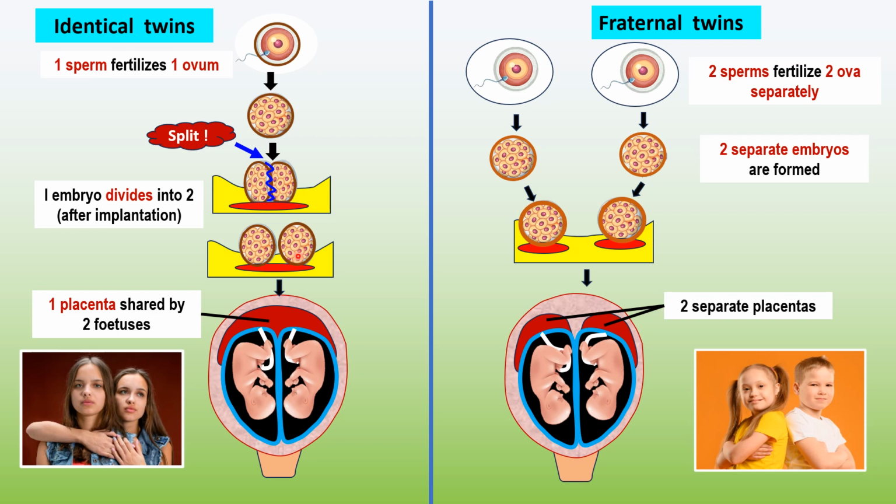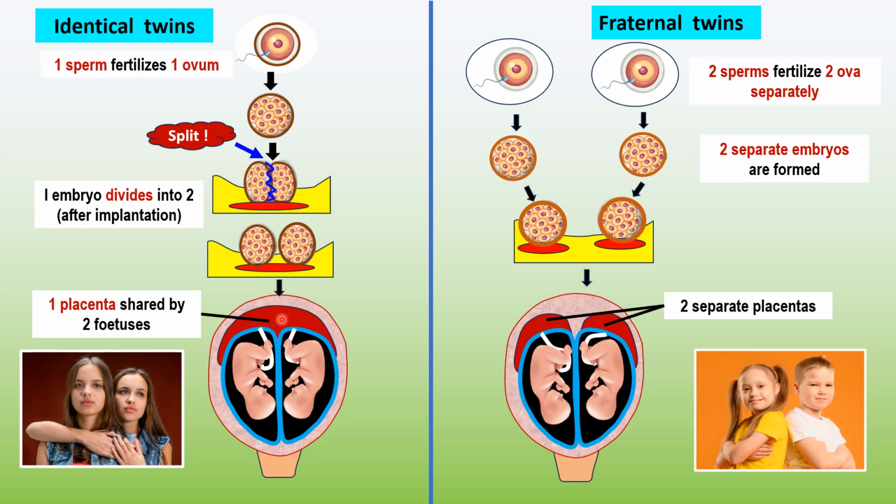They will get the nourishment from the same placenta. So in this case, the identical twins share one placenta, all right? But they have their own umbilical cord, and usually there are two amniotic sacs. Just that they share one placenta.